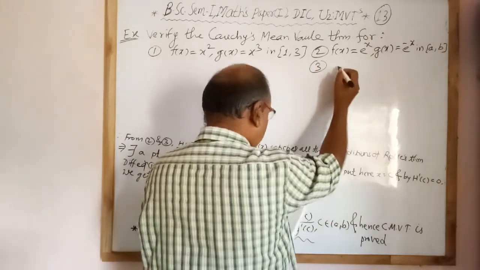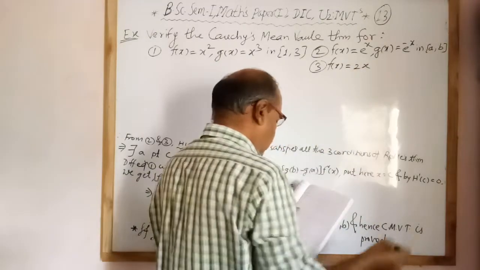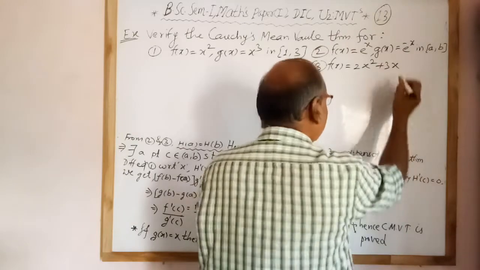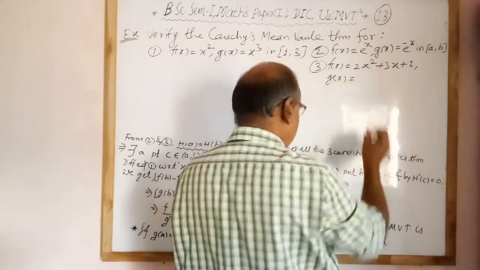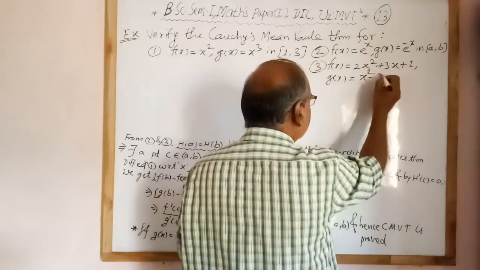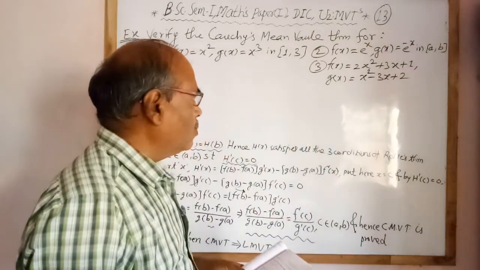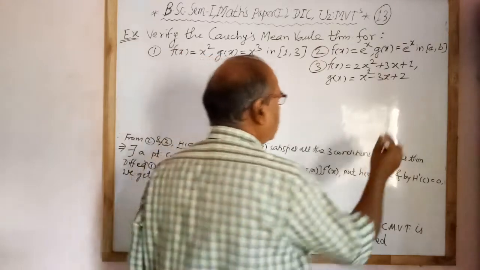Third example, f of x equals 2x square plus 3x plus 1 and g of x equals x square minus 3x plus 2 in the interval [0, 3].